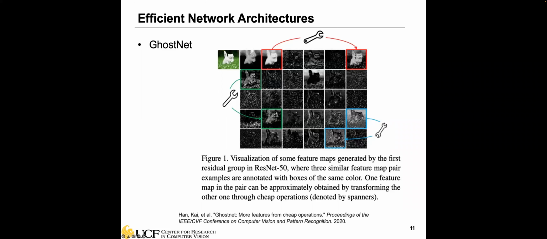Instead of using the usual kernel convolution to generate this feature map, I can derive this feature map from here using some cheap operations, like maybe an affine transformation, or maybe some histogram changes, adding some noise or making the histogram different to make this feature map. So that's their basic observation and what motivates their proposed method.